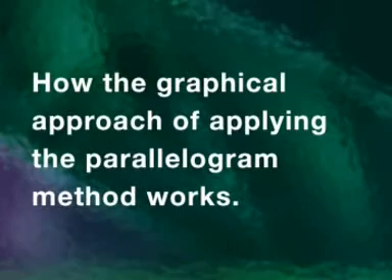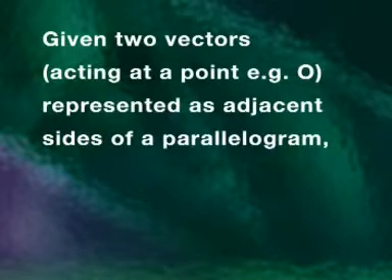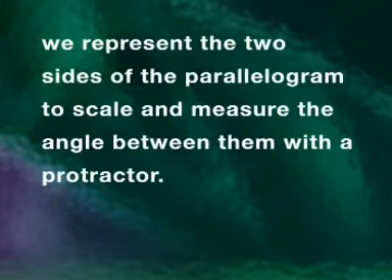Now, let's look at how the graphical approach of applying the parallelogram method works. Given two vectors acting at a point O, represented as adjacent sides of a parallelogram, we represent the two sides of the parallelogram to scale and measure the angle between them with a protractor.